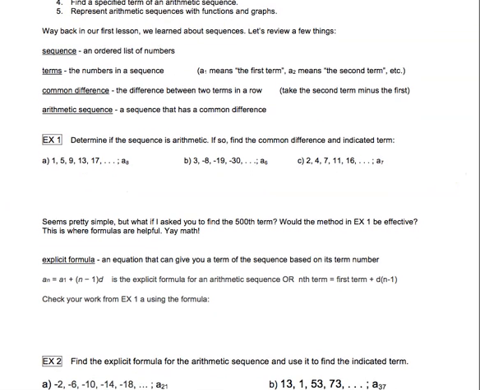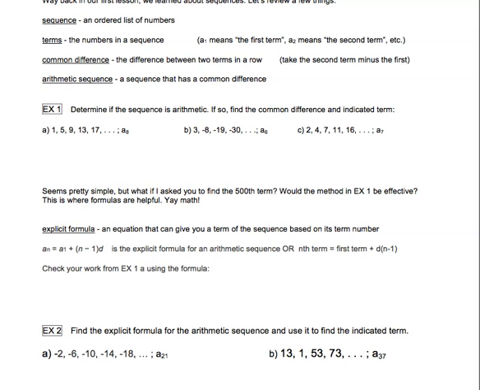So in example 1, determine if the sequence is arithmetic. If so, find the common difference and the indicated term. So in order to determine if it's arithmetic, we just need to decide, does it have a common difference or not? So I'm going to do second term minus first term. So 5 minus 1 gives me 4. And now I just need to decide if that's constant.